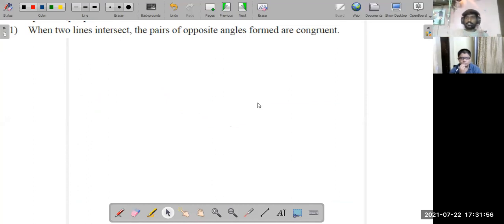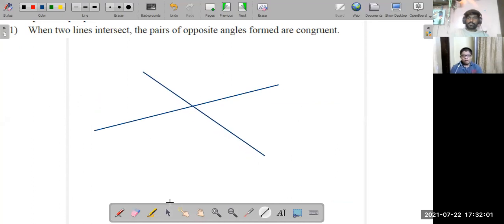That means opposite angles will be congruent. See, for example, this is one line and this is another line which is intersecting it. So these are angles that are opposite each other.